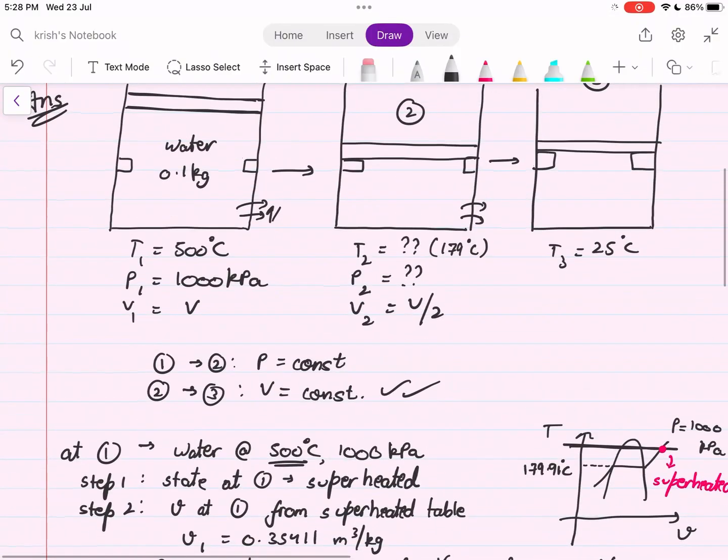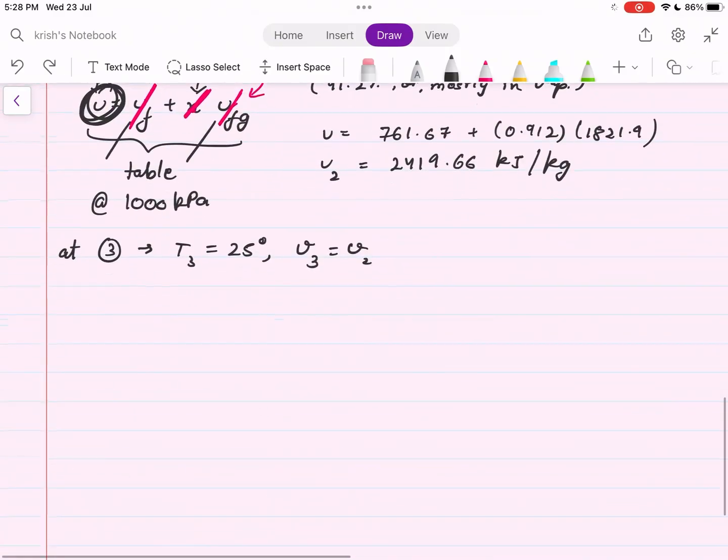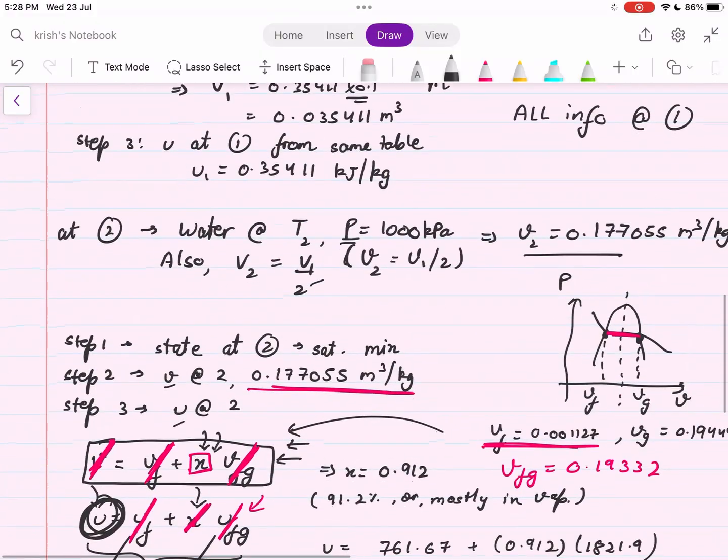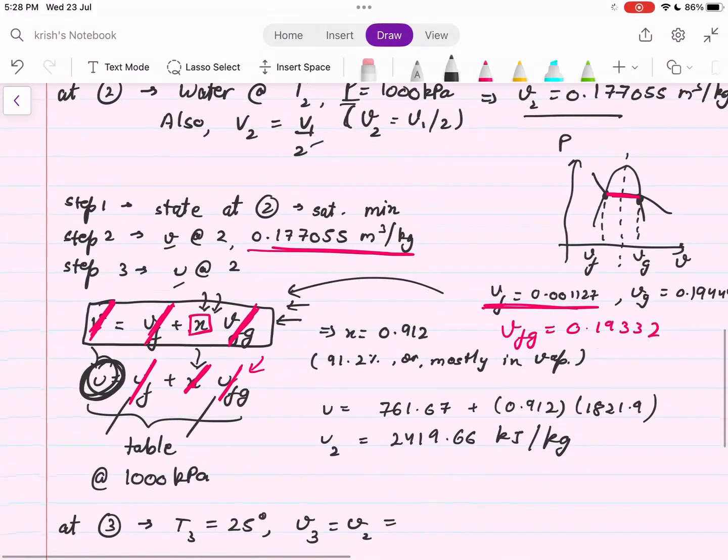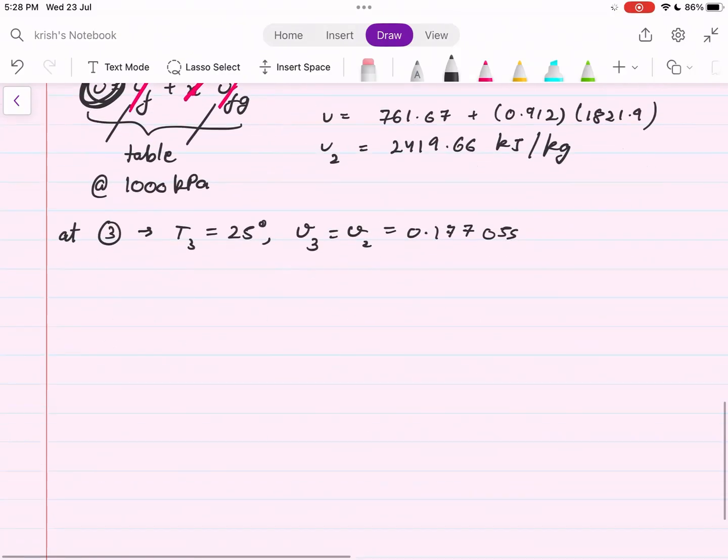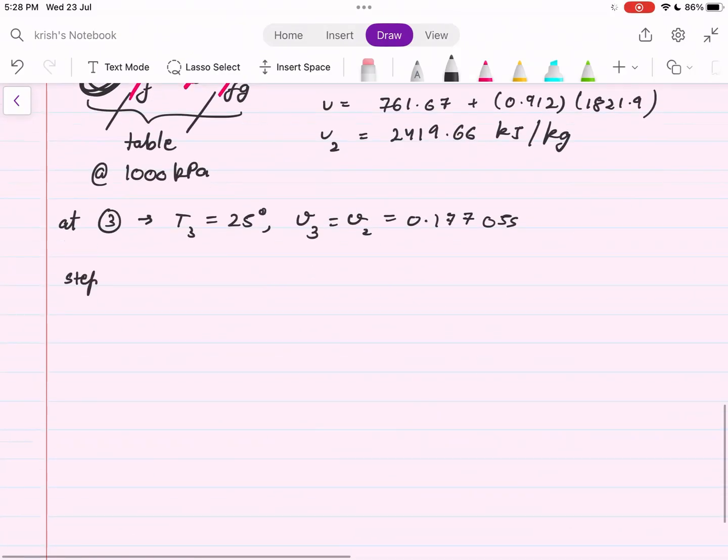Because remember, once the volume has been halved from 1 to 2, the piston can't move further down because of the stops. So the value of this was 0.177, right? So again, our step 1 is to determine the state at 3.